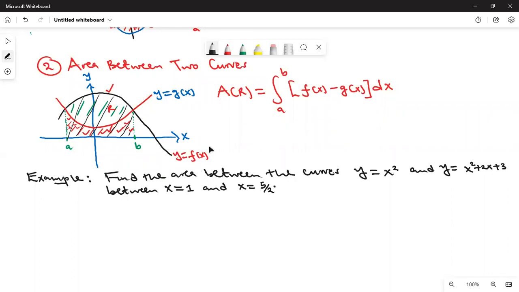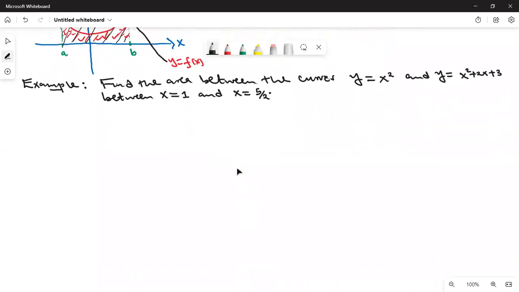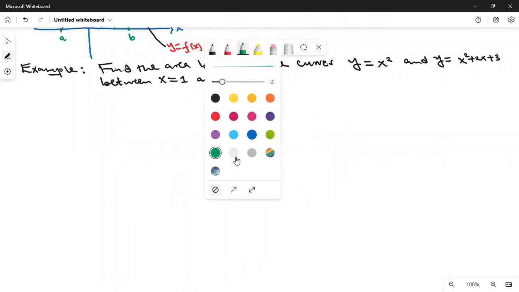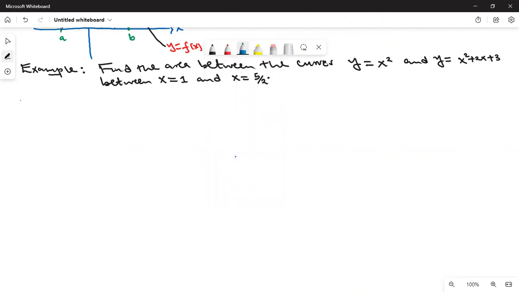Solution. A rough sketch of the region so that we know what we're interpreting. We'll have the x-axis and the y-axis.